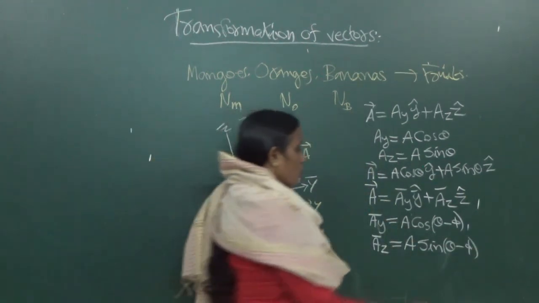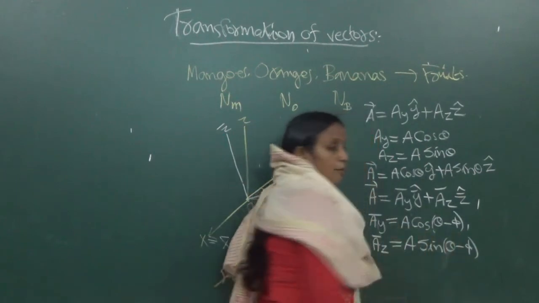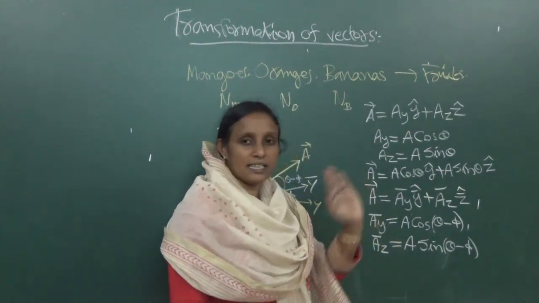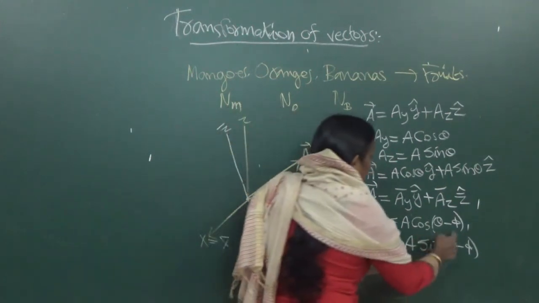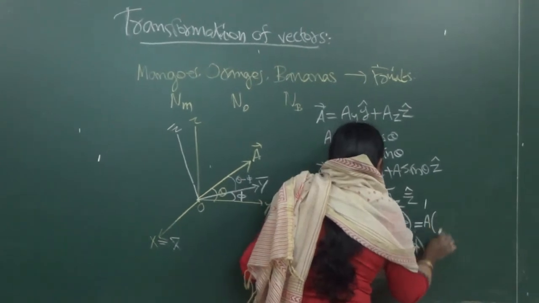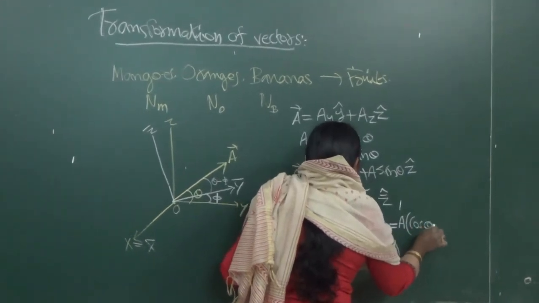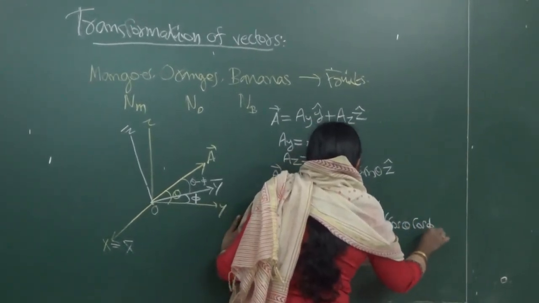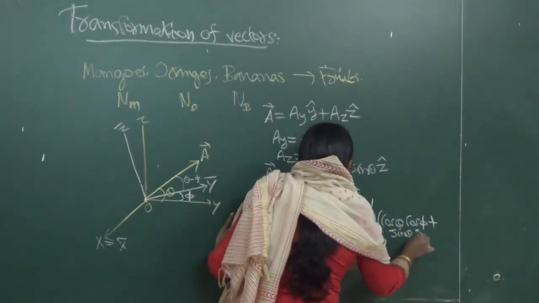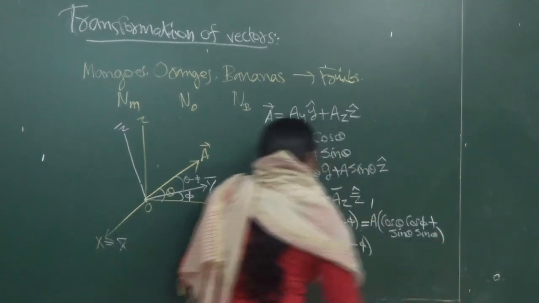So you can expand this term. What about cos(A minus B)? Cos A cos B plus sin A sin B, right? So I can expand it here. So here, A cos theta cos phi plus A sin theta sin phi.